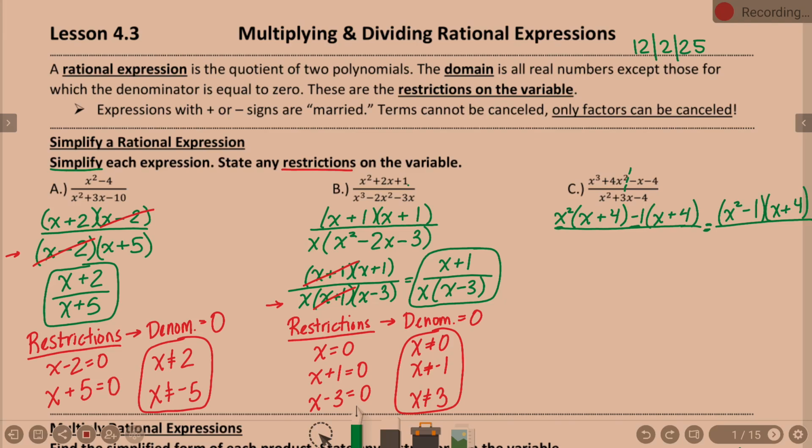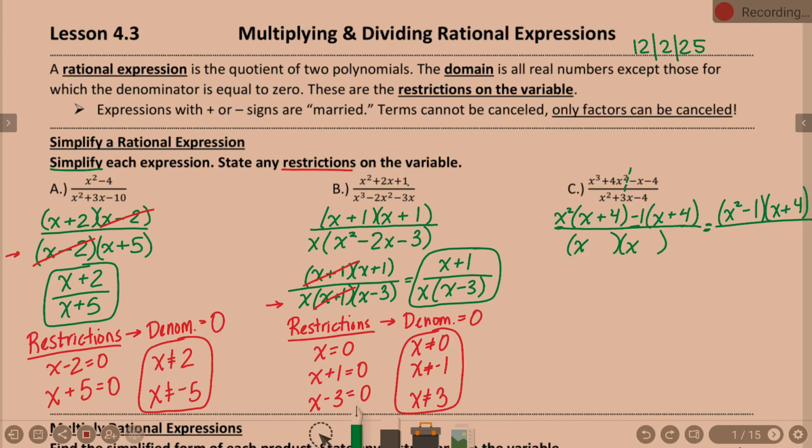I don't know about you guys, but to me it looks like it probably just factors into 2 parentheses. X squared breaks into x and x. Multiplying to be negative 4, adding to be 3. Well, multiplying to be 4 is 1 and 4 or 2 and 2.